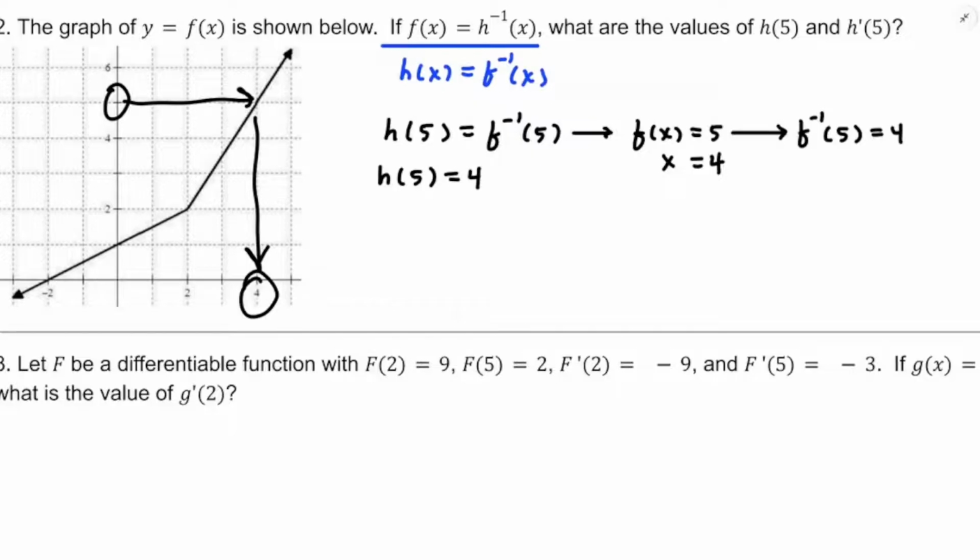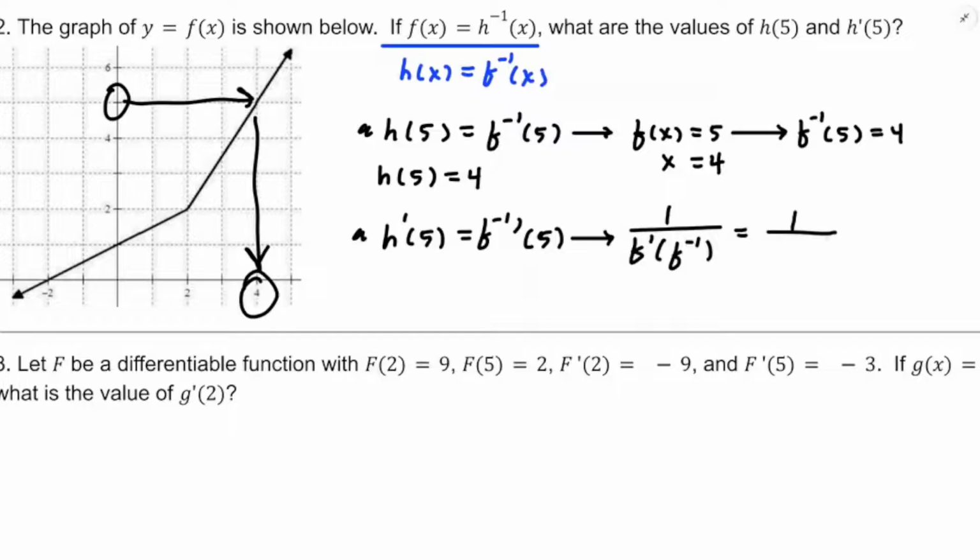All right, then h prime of 5, that's f inverse prime of 5. We've got a formula for this. We're going to say that's 1 over f prime of f inverse of 5. Now I'm just going to call it 4 because I determined that f inverse of 5 was 4. 1 over f prime of 4.